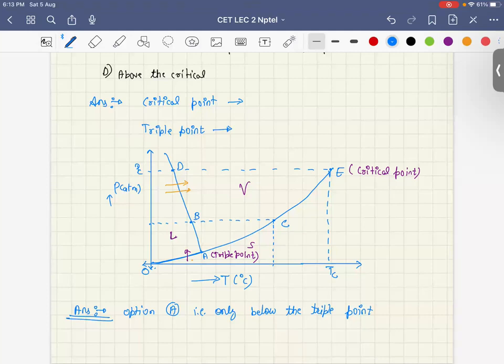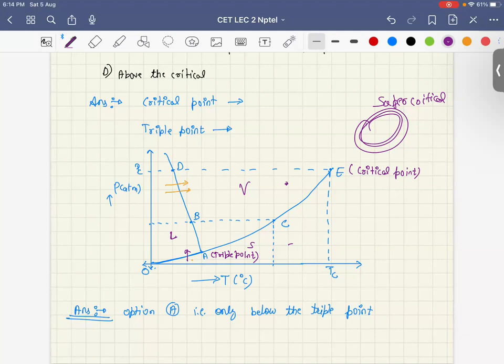What I'm saying is, when you reduce the pressure we go to the vapor phase, but you are increasing pressure and showing vapor. Let me just confirm it. Oh, I think this is not a PV diagram.